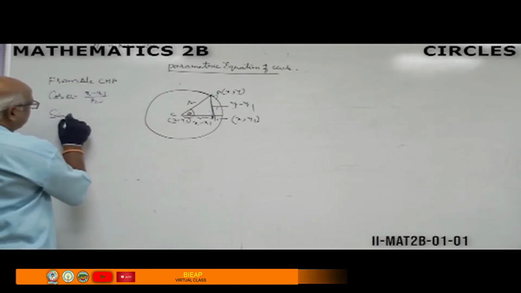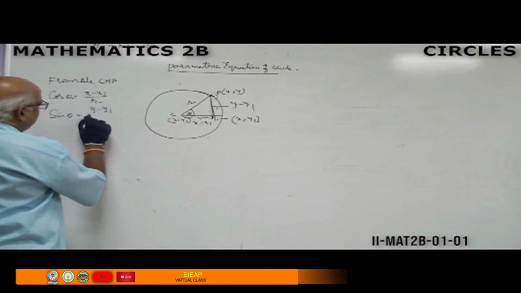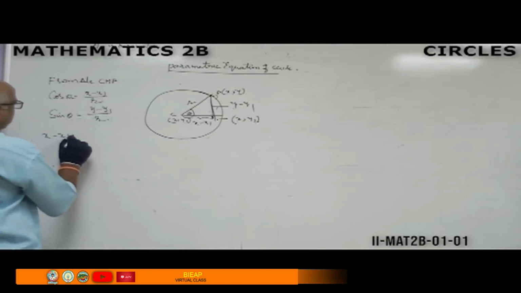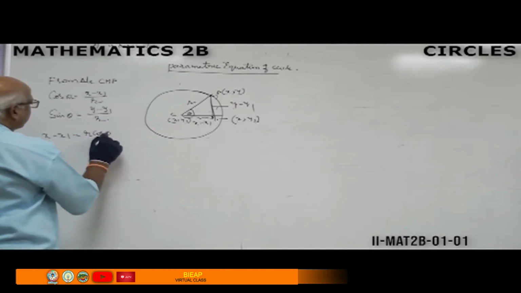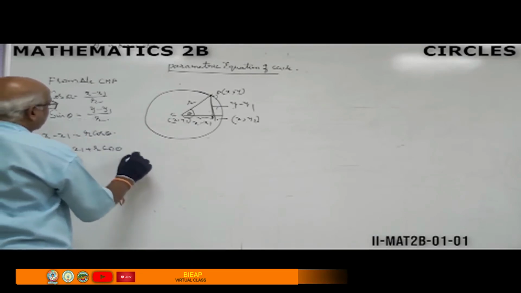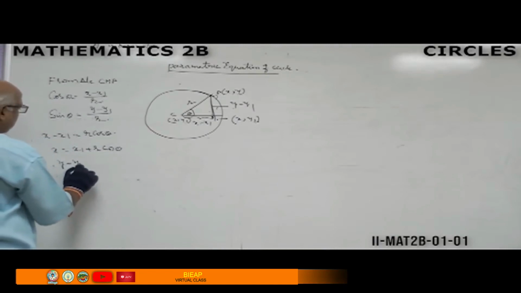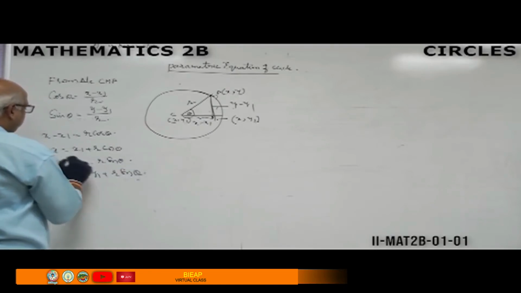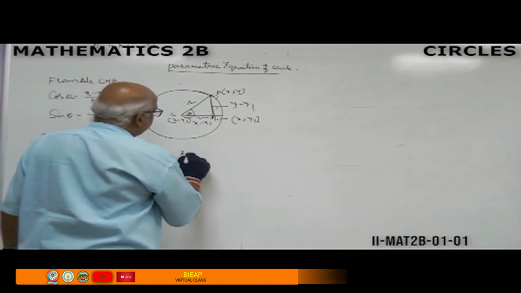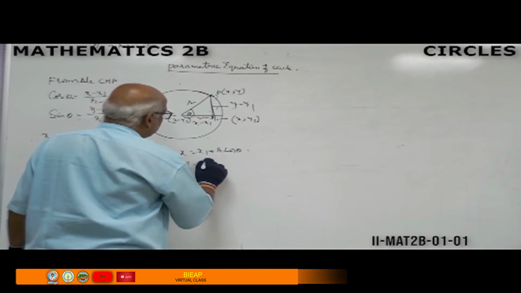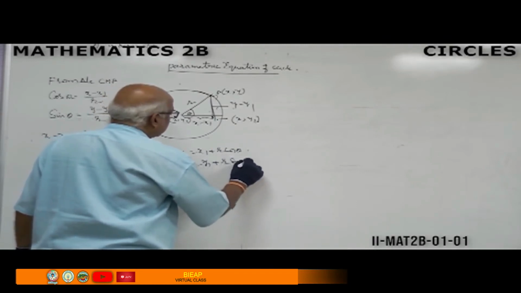Sin theta equals opposite side (y minus y1) by r. x minus x1 equals r cos theta, so x equals x1 plus r cos theta. y minus y1 equals r sin theta, so y equals y1 plus r sin theta. So, the parametric equations of the circle are x equals x1 plus r cos theta, y equals y1 plus r sin theta.